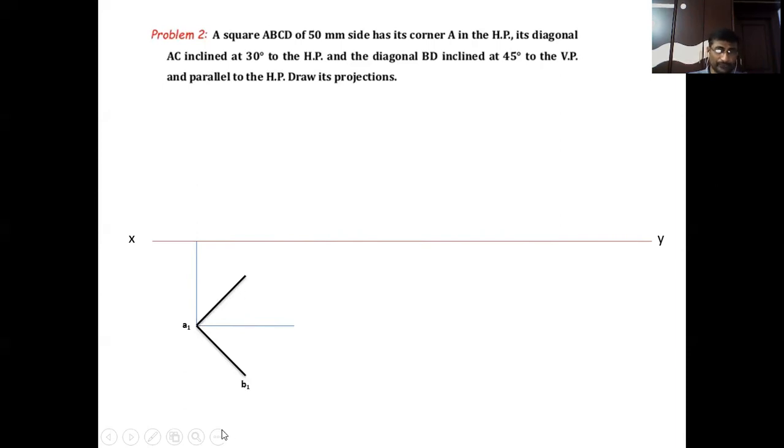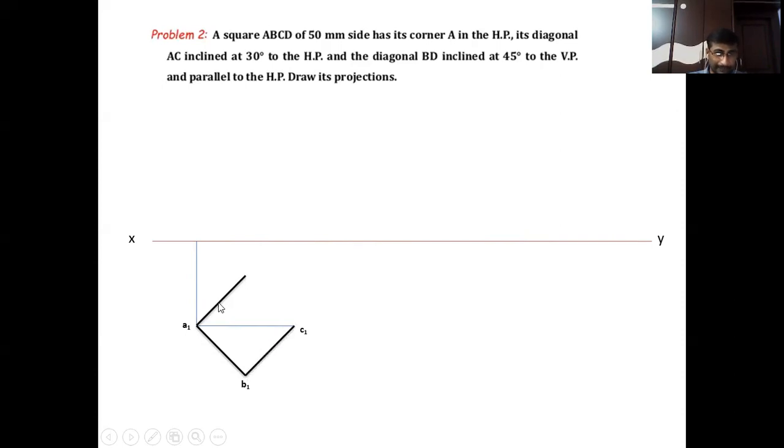And with these two sides, locate another corner, that is the fourth corner of the square. How to get the fourth corner, C1?